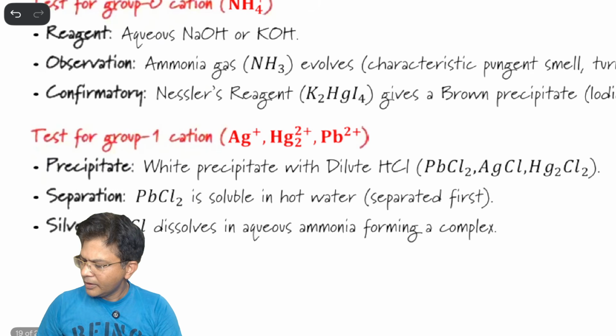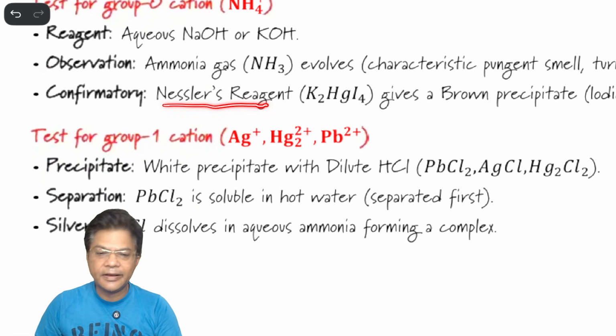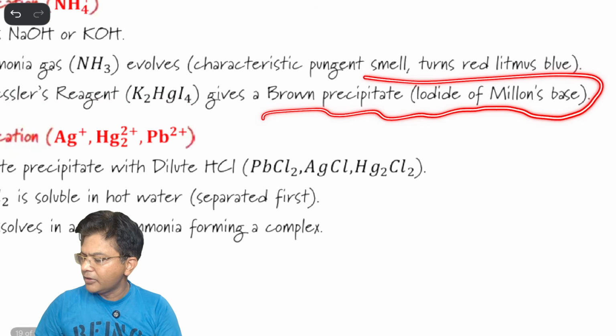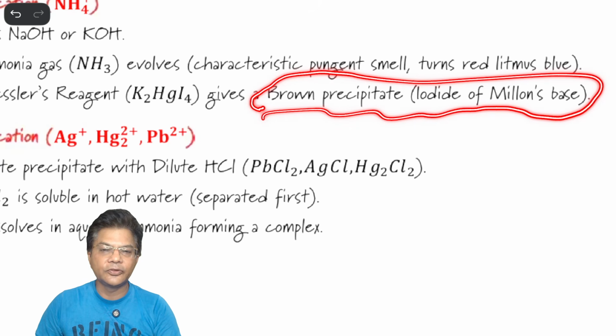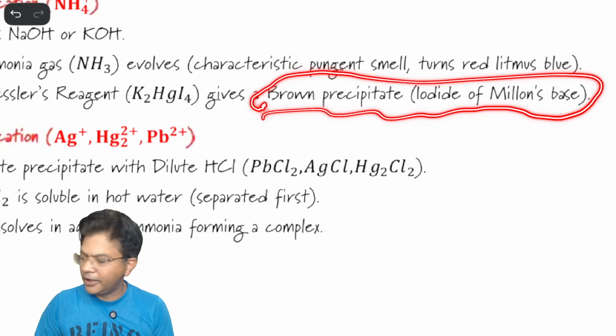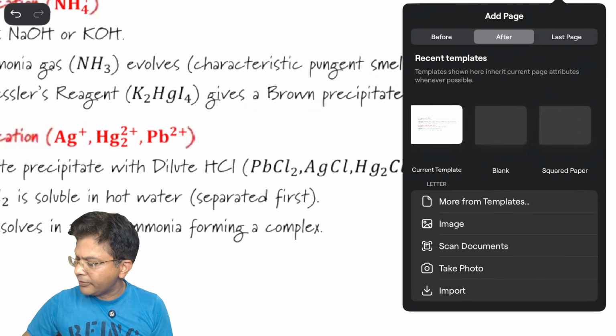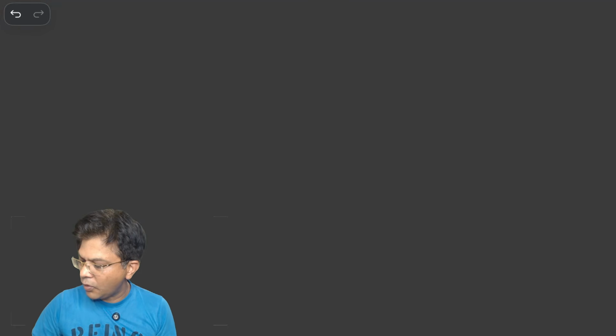This is the confirmatory test. Nessler's reagent, K2HgI4 plus basic medium, gives a brown precipitate that is known as iodide of Millon's base. The reaction is not given over there, so let me take a fresh page and write down the reaction which is actually required.